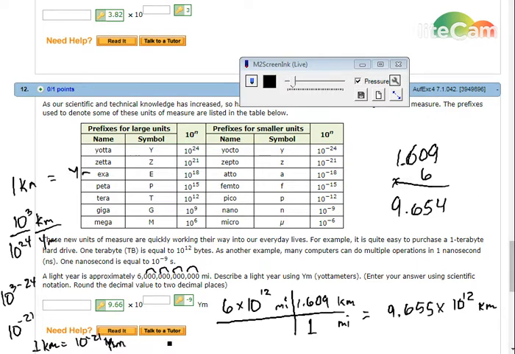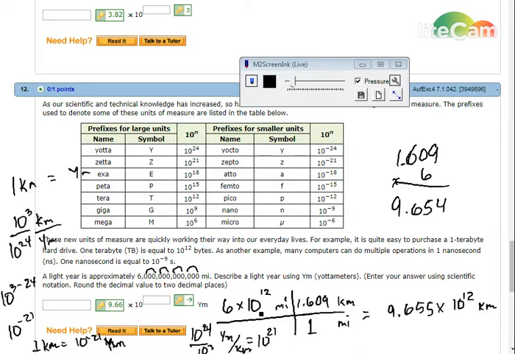Now we could invert this and do the reciprocal and say 10 to the 24th over 10 to the 3rd. This time we're doing the yottameter to the kilometer, and it's going to be 10 to the 21st. So a yottameter is 10 to the 21st times bigger than a kilometer. Let's go ahead and use that conversion factor to convert to yottameters.